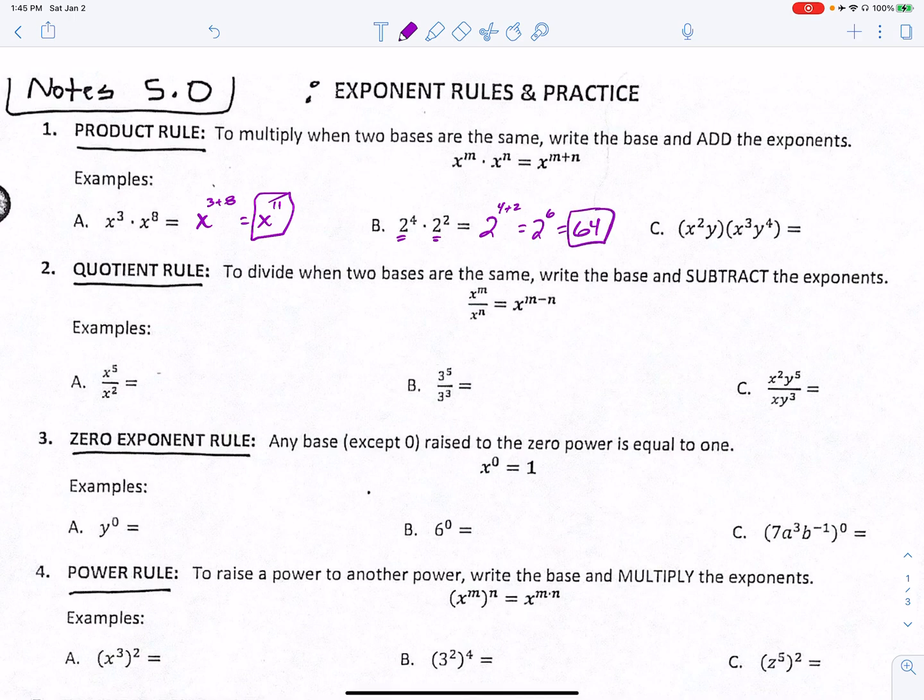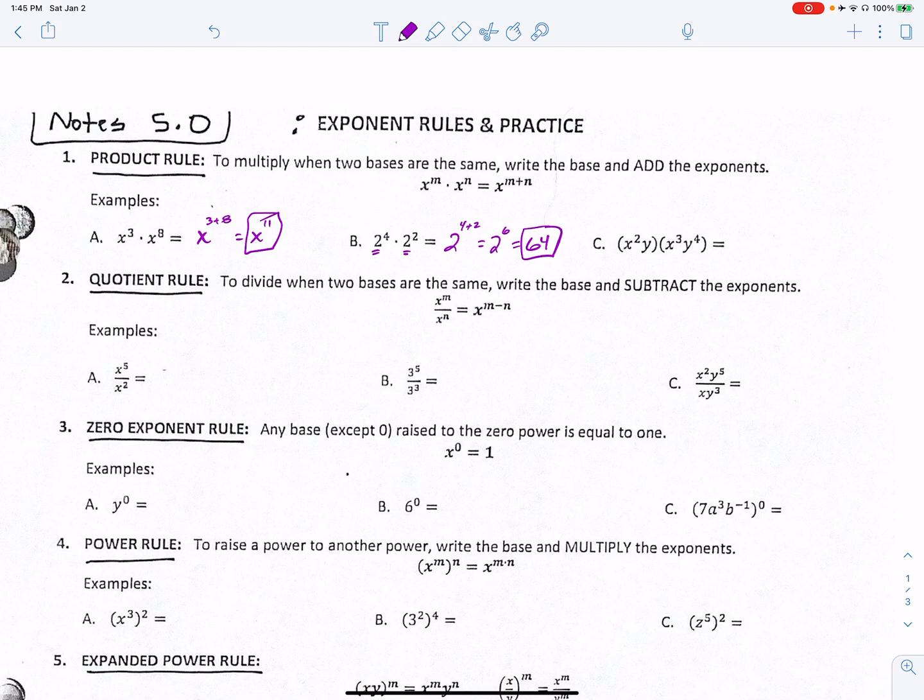And in part C, you have bases of x and y that you're multiplying. This just means that you have 4 terms that you are multiplying.